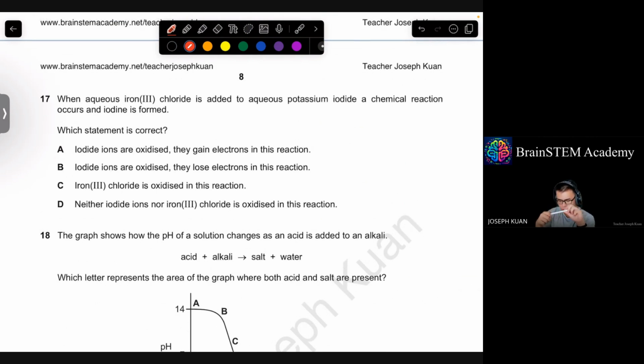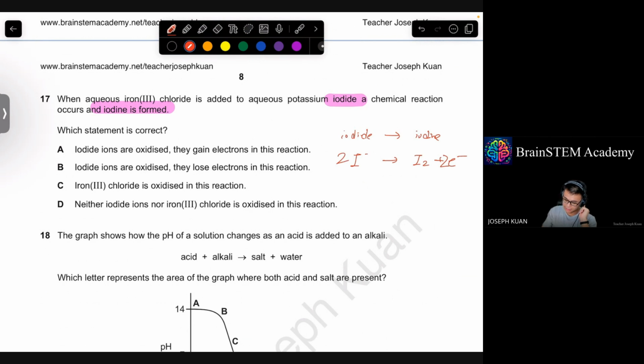All right, question 17. When aqueous iron trichloride is added to potassium iodide, a chemical reaction occurs and iodine is formed. Which statements are correct? Now I'm observing an iodide to iodine reaction, so it's I minus to I2. For this to happen, it must give out electrons.